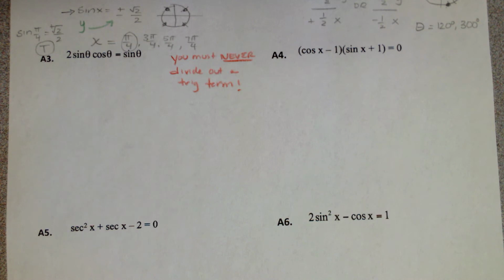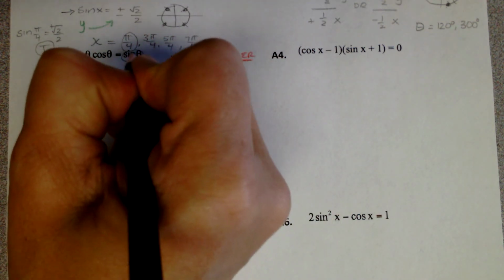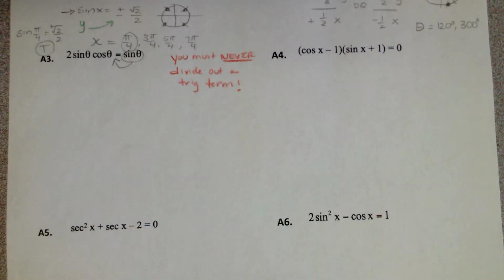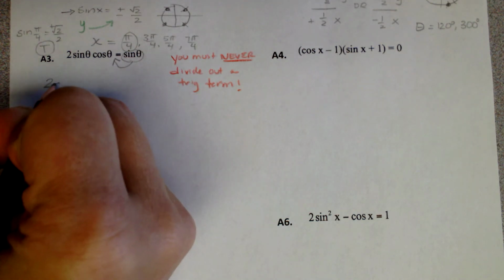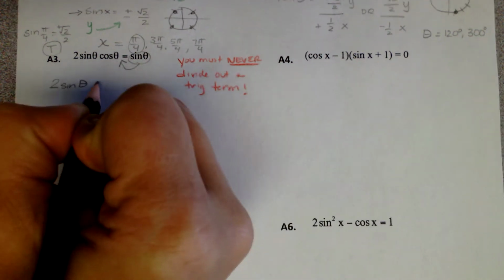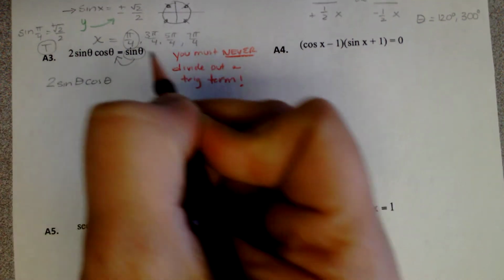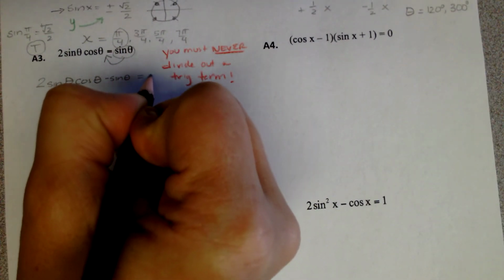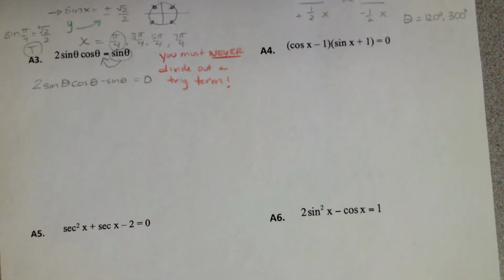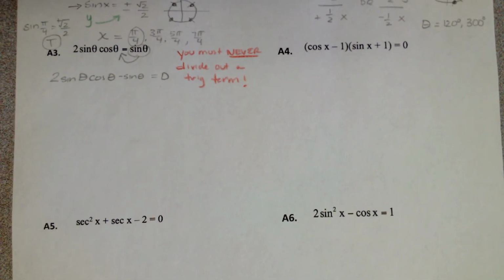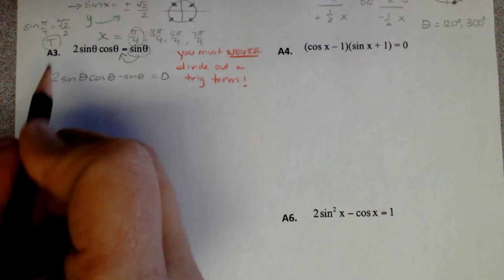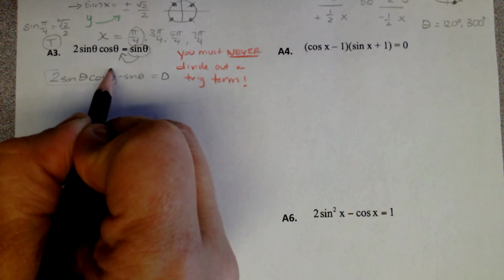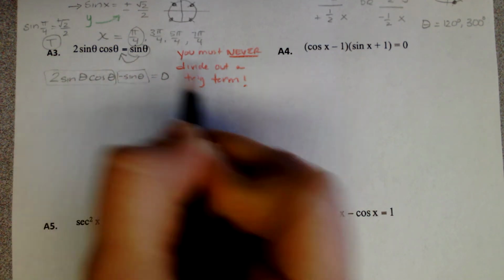The strategy that we need to take is to take this sine of x and move it to the other side. That gives me 2 sine theta cosine theta minus sine theta equals 0. Now, take a look. Here's my first term. It's pretty big. Here's my second term.